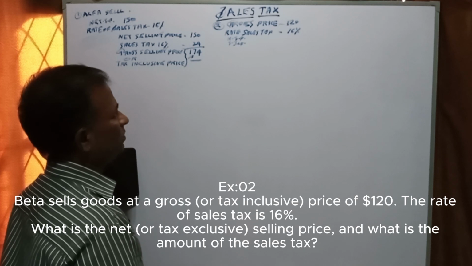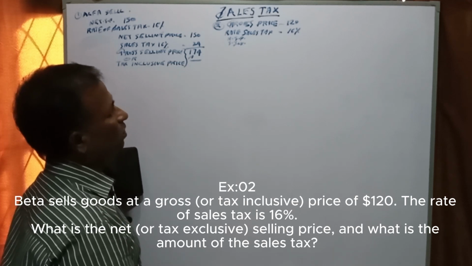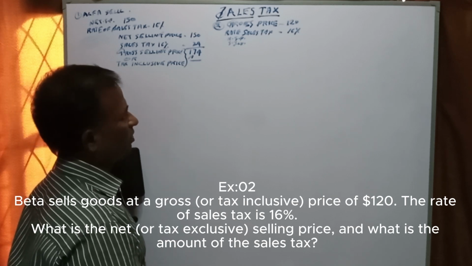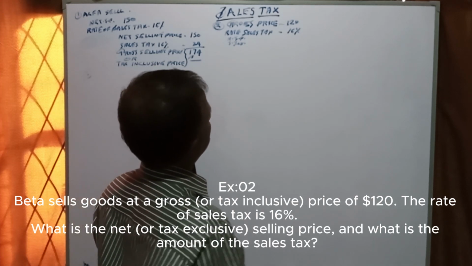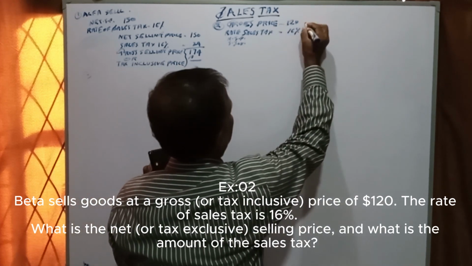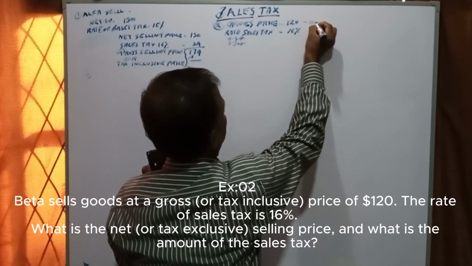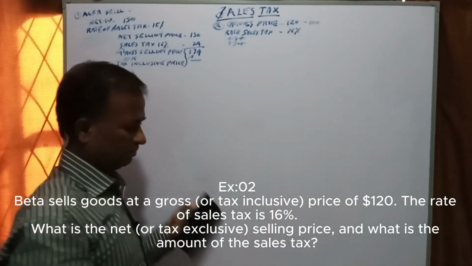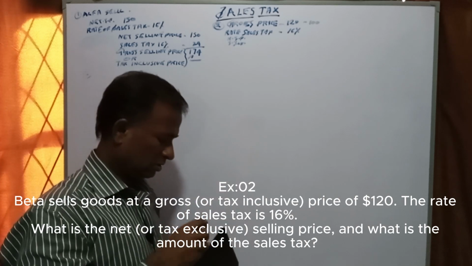They are asking how much the net selling price is and how much the sales tax is. This gross selling price is equal to 100%.